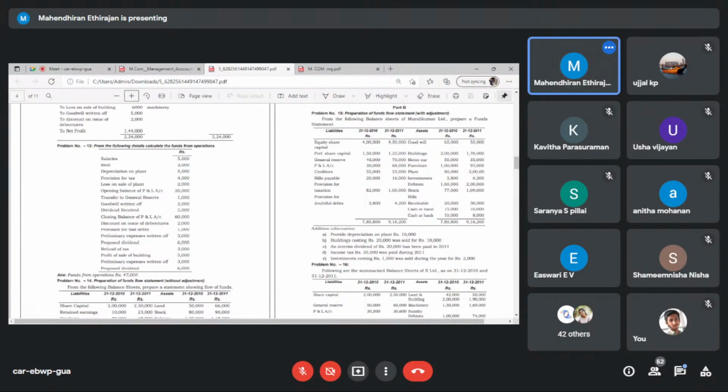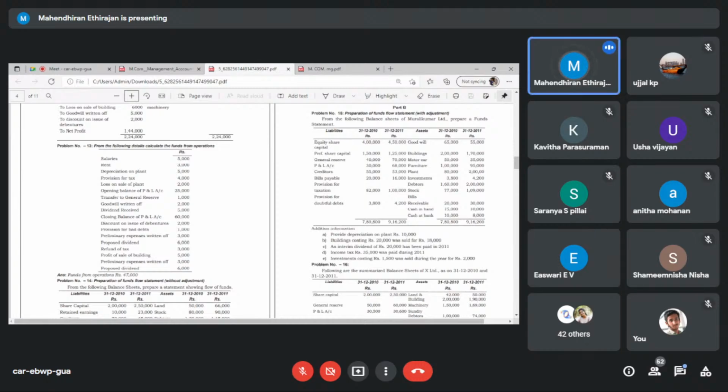35,000. Add depreciation 5,000. Add taxation 4,000. And add 2,000 loss on sale of machinery. And add general reserve 1,000 rupees.